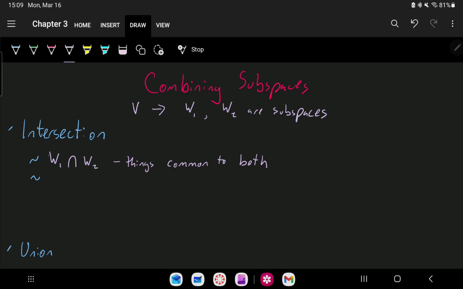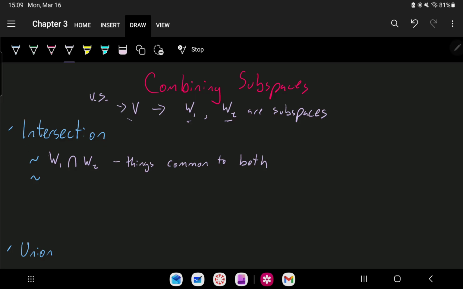So basically combining subspaces. So if we have the vector space V, and we know that W1 and W2 are subspaces of V, well, it might help us to understand how we can use those two subspaces to produce potentially other subspaces of V.